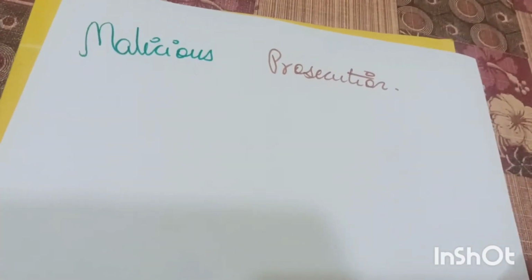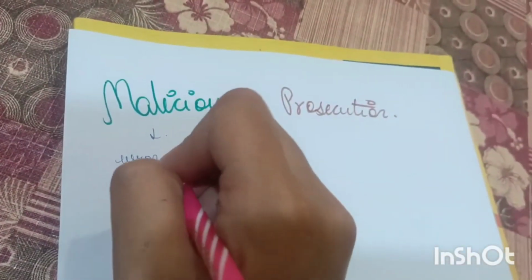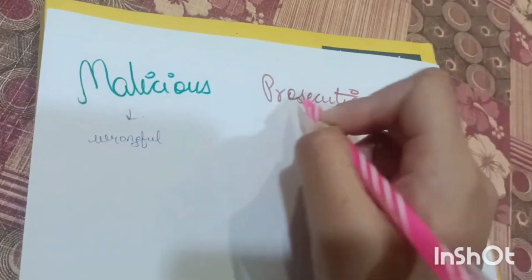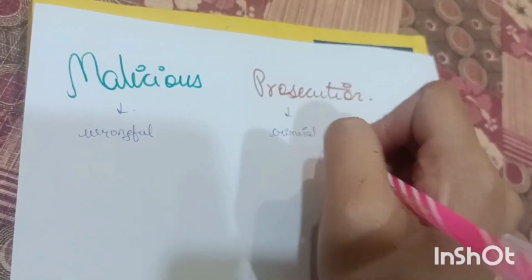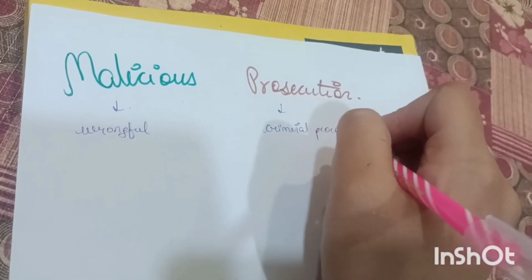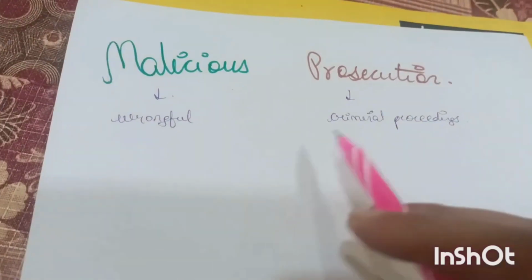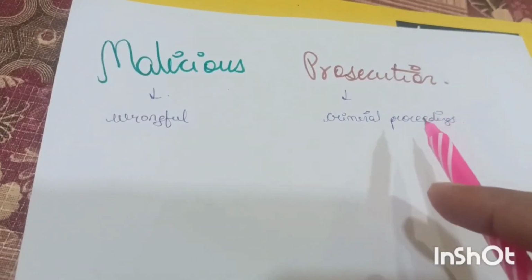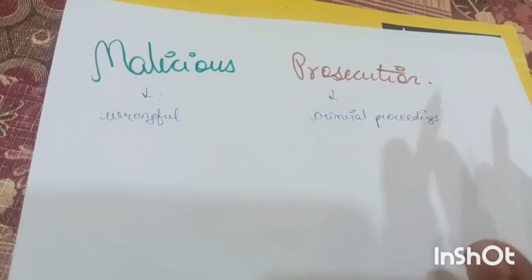So now let's study malicious prosecution. First let's see the meaning of malicious. Malicious means wrongful, and prosecution means criminal proceedings. So in this case what happens is that there is criminal proceeding initiated against a person, and that causes harm to that person.